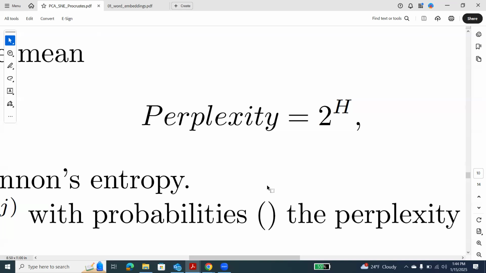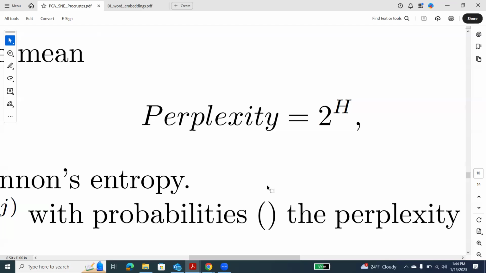We calculate the probability for the distance between these points. Let's indicate the probability of point 1 under condition i as 1 over k.